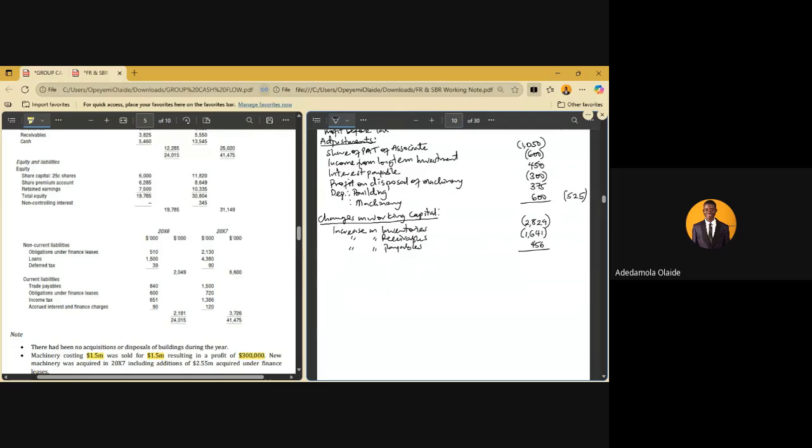Obligation under finance leases is not an operating activity. Income tax is to be treated later. 4014. What is the cash flow from operating activities?